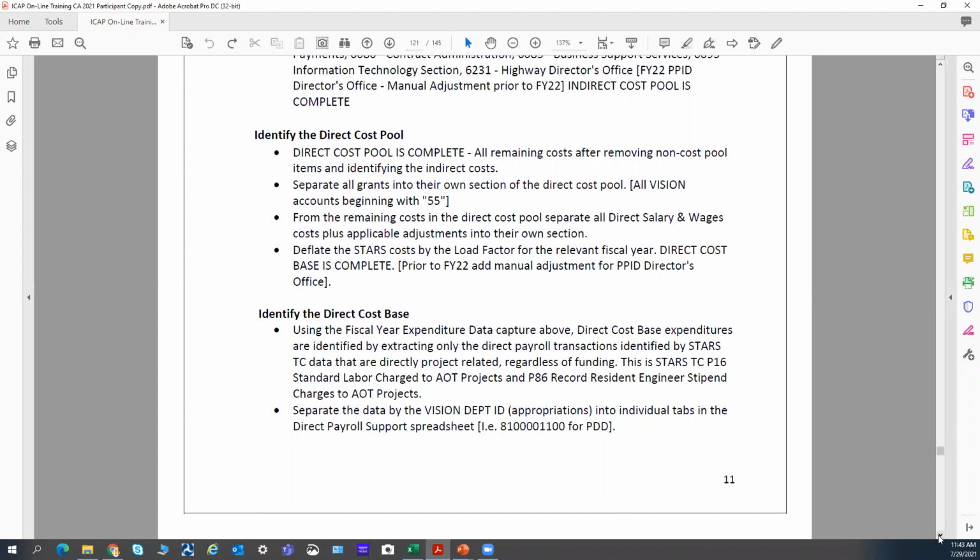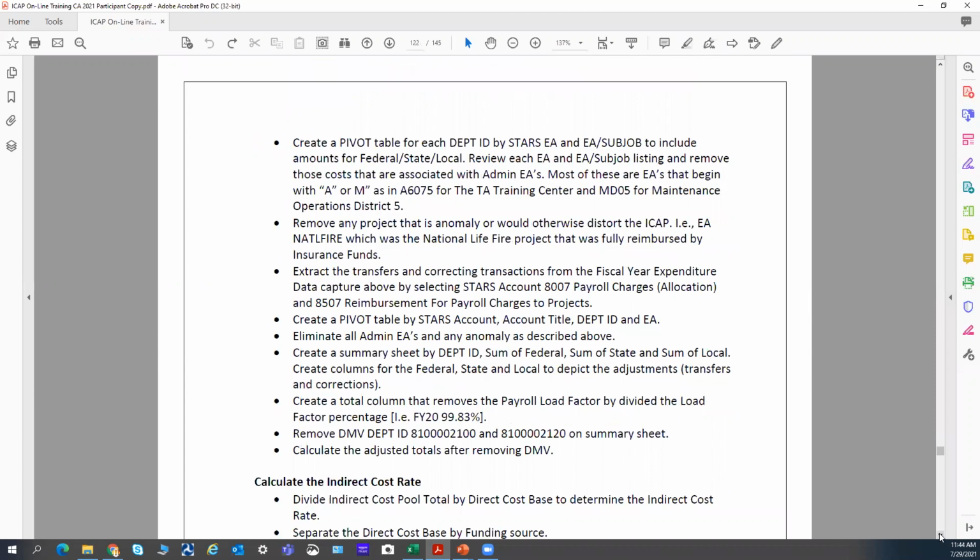So they basically took everything they were learning as developing their ICAP and what normally you would find in a desktop procedure or a standard operating procedure for the development of an ICAP, and they included it in this package. Not needed by no means, but it's impressive because we know that they have got sound procedures actually written at this point that they will be using to maintain that ICAP or possibly upgrade it or whatever they have to do. But you can see that it's literally step by step.